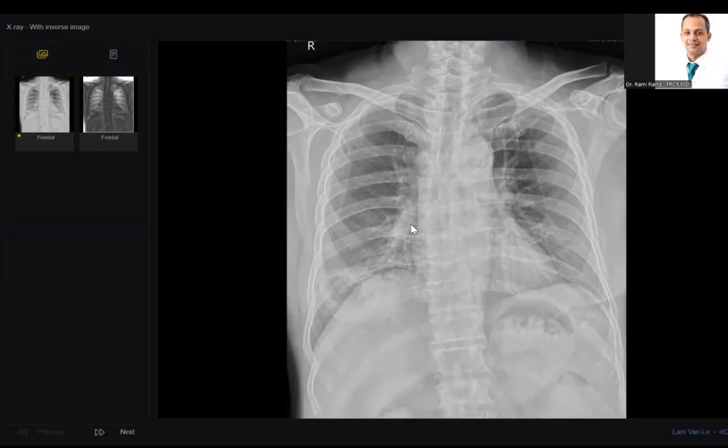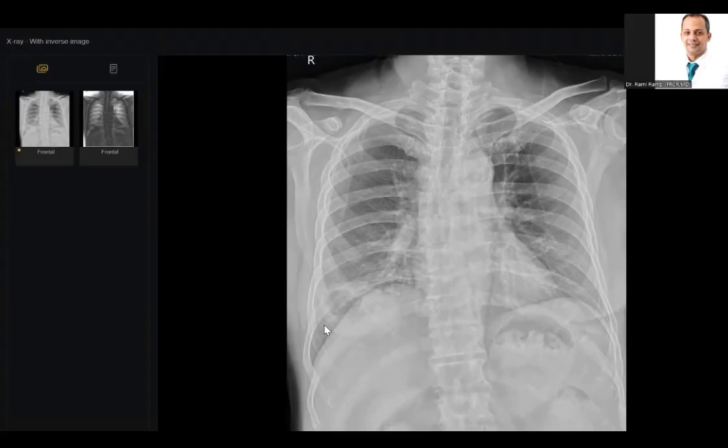Okay, so I have been presented with the chest X-ray of a skeletally mature patient, in which the most striking thing I can appreciate is a well-defined lesion in the right lower zone, and this lesion is radiodense.